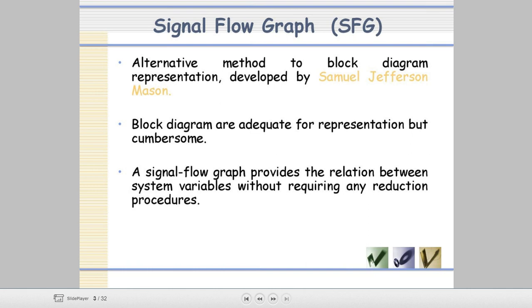Signal flow graph is an alternative method to block diagram representation, developed by Samuel Jefferson Mason. It is also called as S.J. Mason. Block diagrams are adequate for the representation of systems but become cumbersome. A signal flow graph provides the relation between system variables without requiring any reduction procedure.